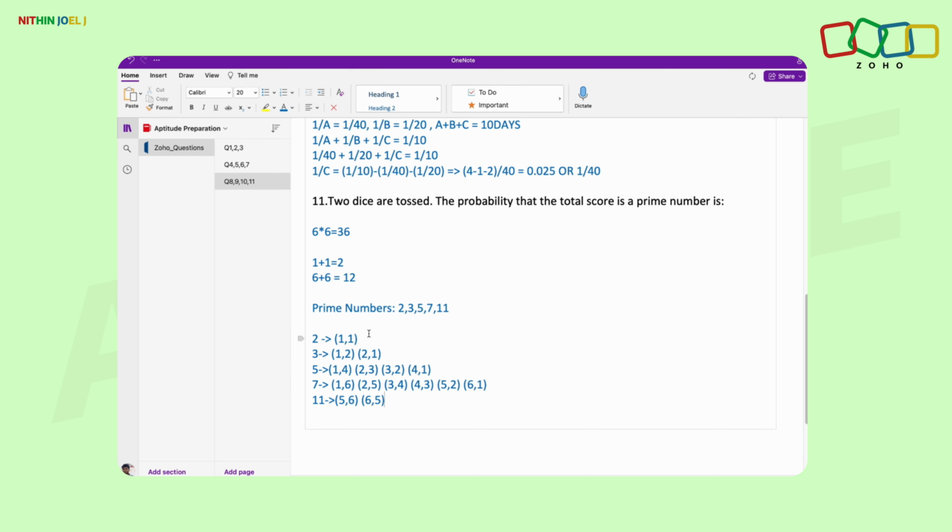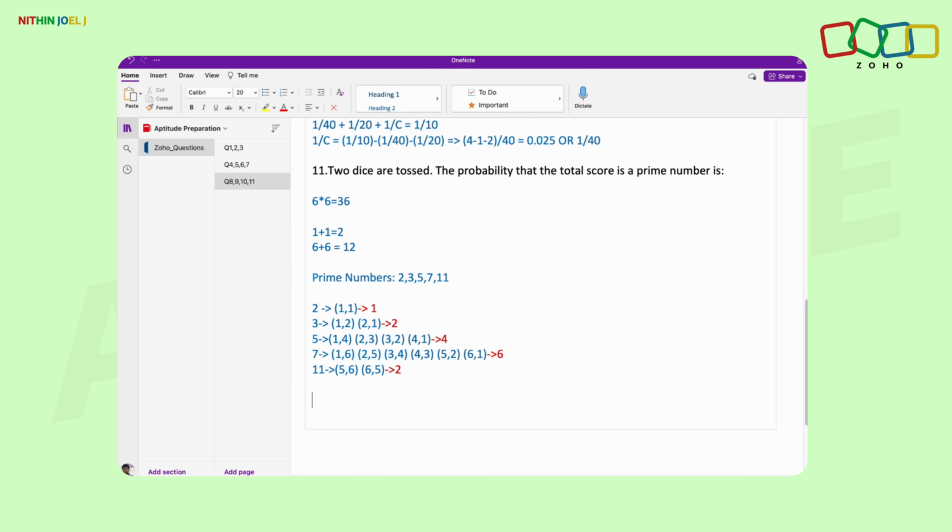So the next step, we have to find the total count. So the total count is 1 for 2, 2 for 3, 4 for 5, 6 for 7, and 2 for 11.